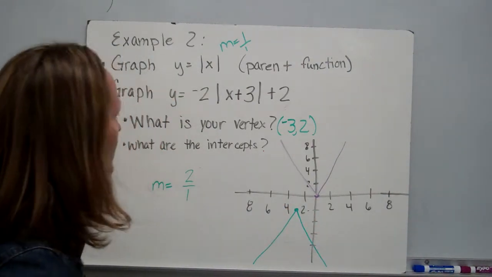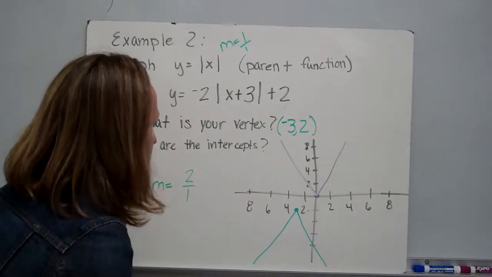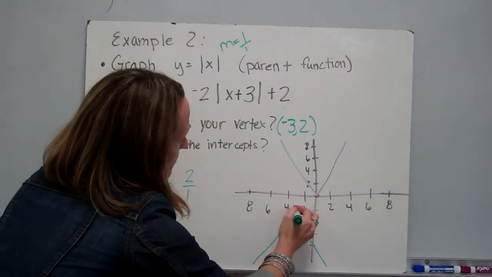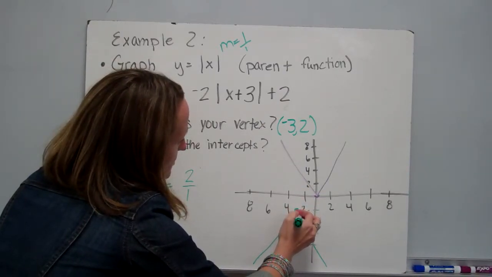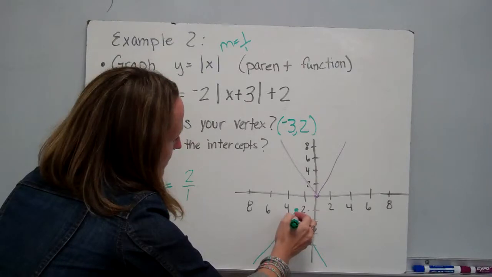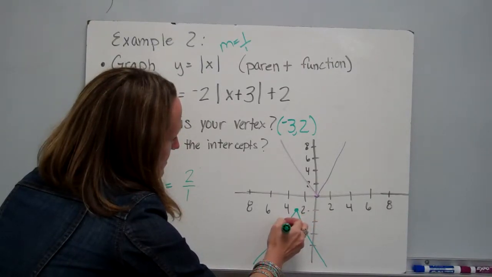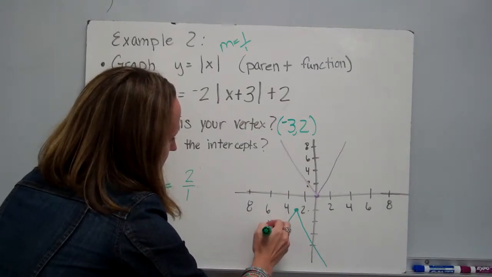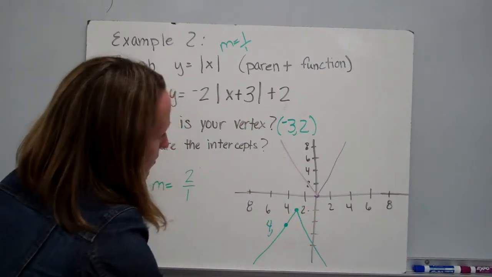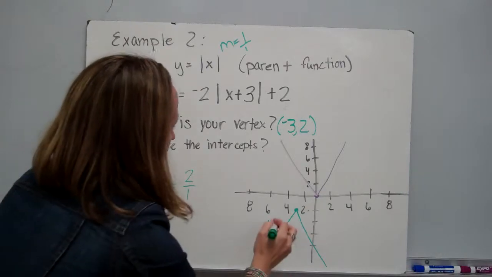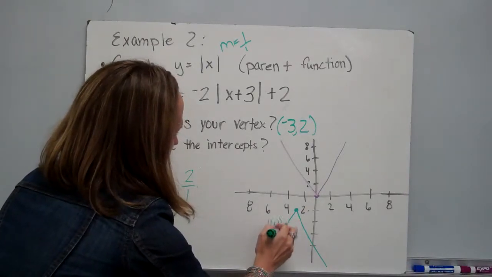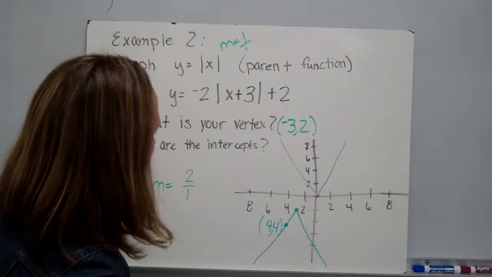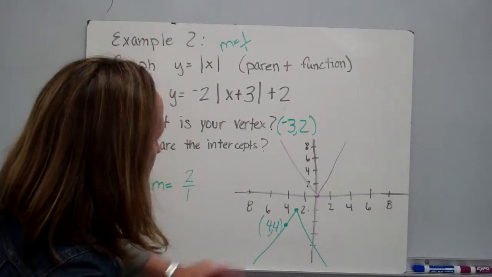And if I think about this, what's one of my intercepts? Well, if my slope is now 2 over 1, if I go rise over run up 2, so from 2 I go to 4, and over 1, here's an intercept at 4. Where am I? 4, 4? Because I was at negative 3, 2. So yeah.